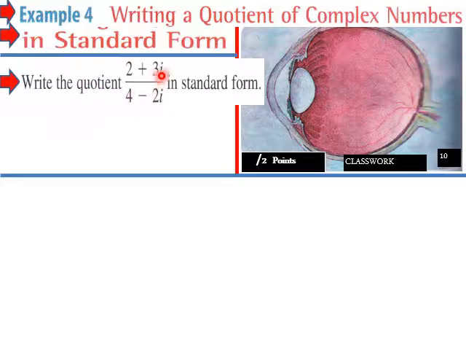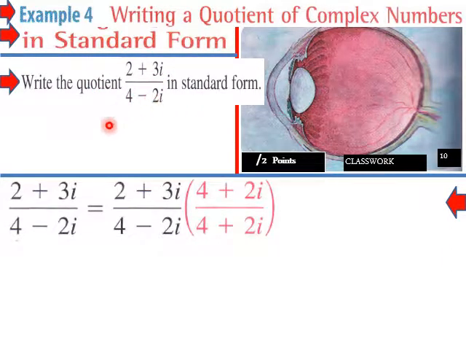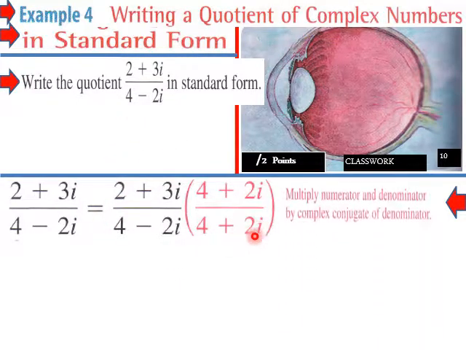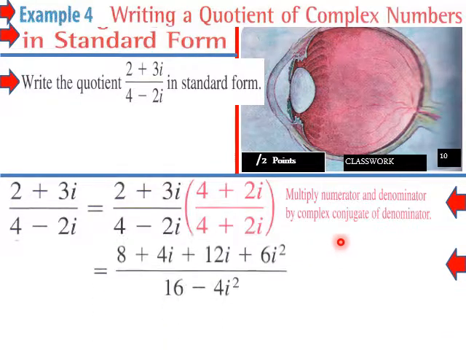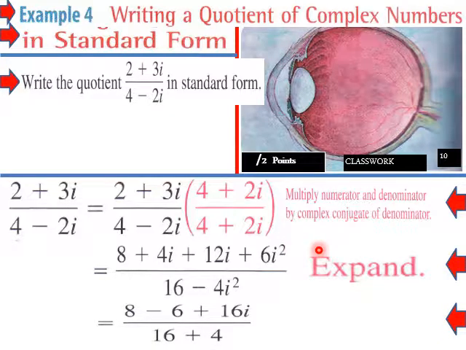Okay, write the quotient of (2 + 3i) over (4 - 2i) in standard form. We need to get rid of this 4 - 2i, so we multiply by its conjugate, which is 4 + 2i. When we do that, we have 16 minus 4i squared in the denominator, and in the numerator we expand out after we do our multiplication.